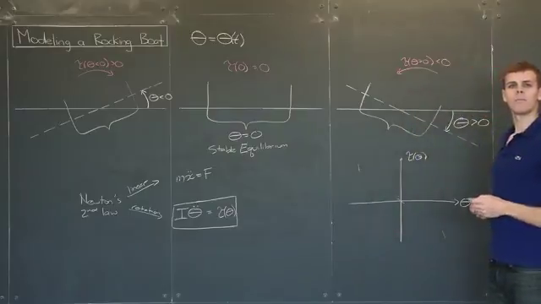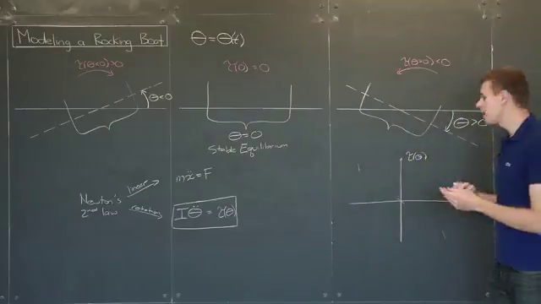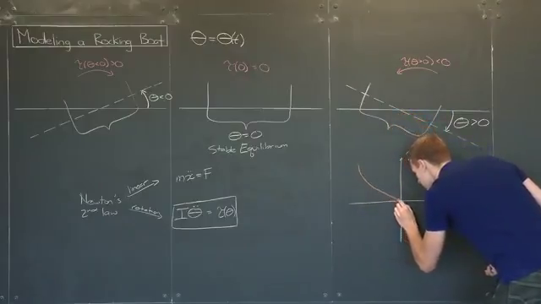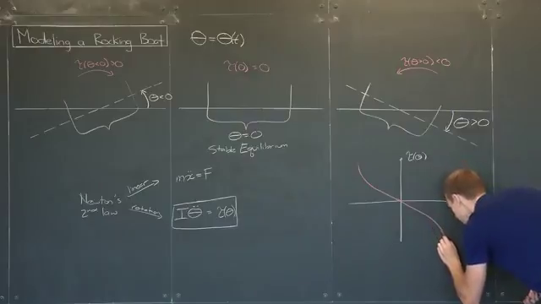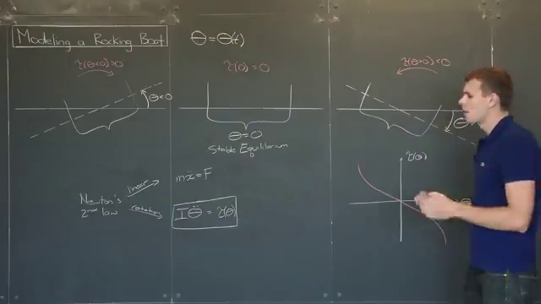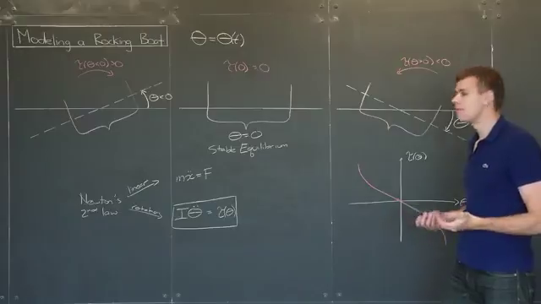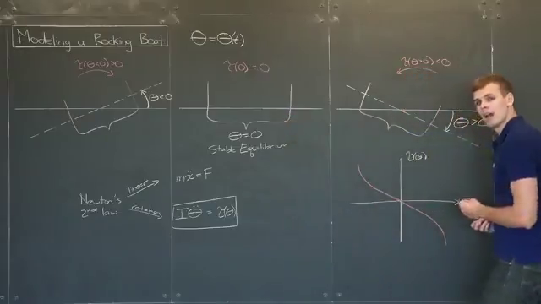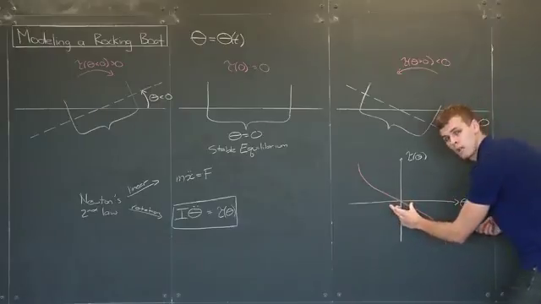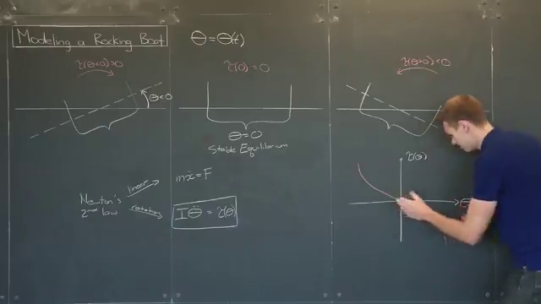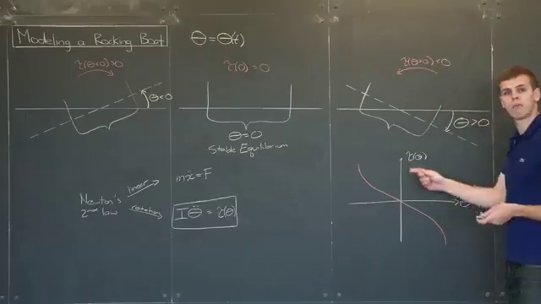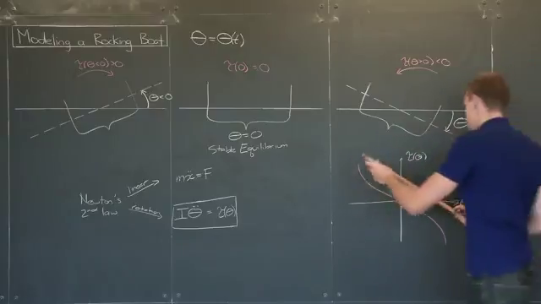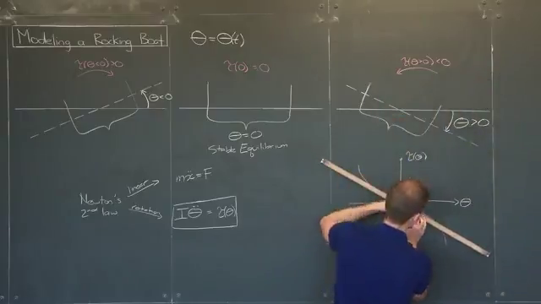In general, the torque will be a nonlinear function of theta, and it might look like this, for example. However, we are mostly interested in the boat's behavior around its equilibrium of theta equals 0. Therefore, all we really care about is how the torque behaves for small rotation angles around this equilibrium. Therefore, we can approximate this nonlinear function using a tangent line at theta equals 0.